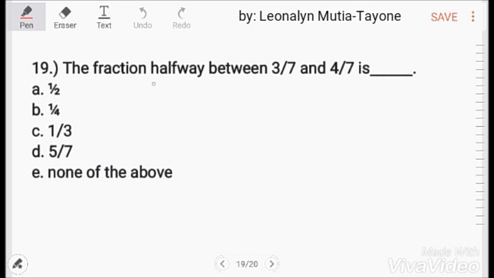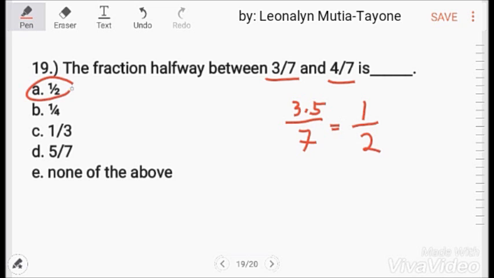Number 19. The fraction halfway between 3 over 7 and 4 over 7 is 3.5 over 7. 3.5 over 7 is equivalent to 1/2. So, the answer is letter A. Para mas lalong maintindihan, itong 3 versus sa 4, ano ba ang gitna ng 3 and 4? 3.5.